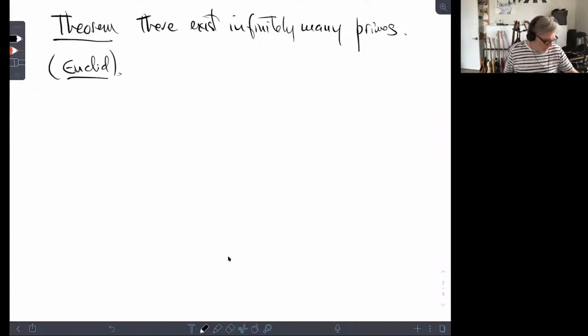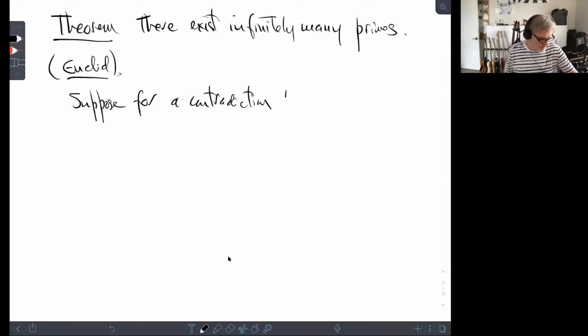So let's suppose, for a contradiction, that there are only finitely many prime numbers.